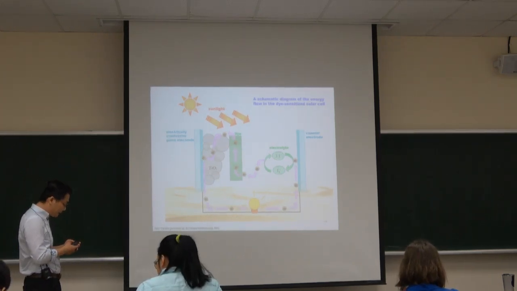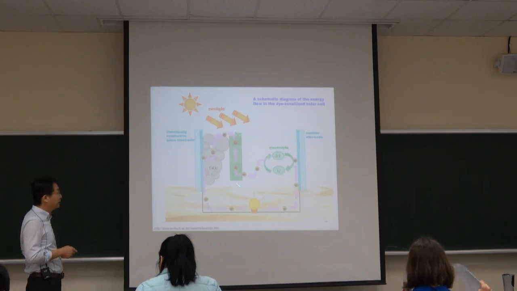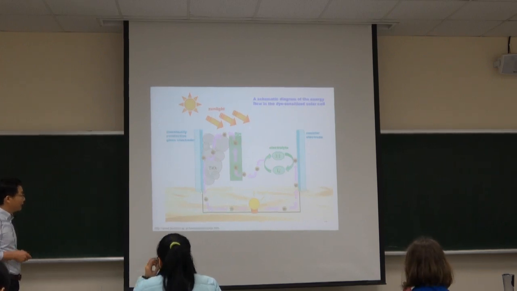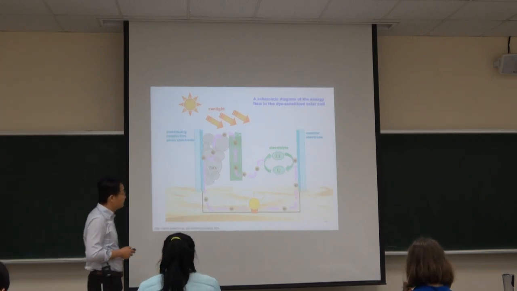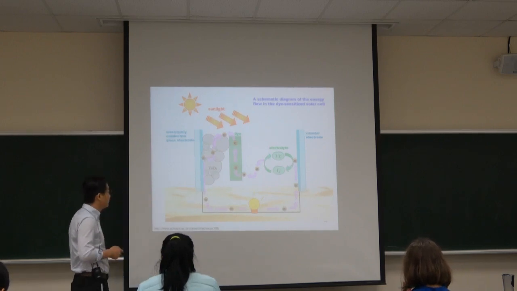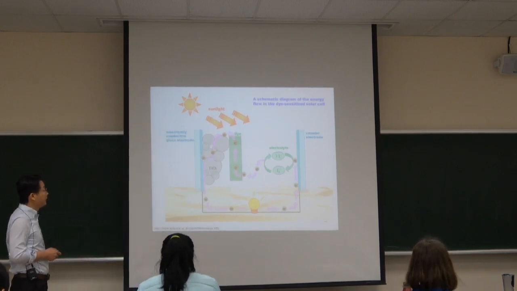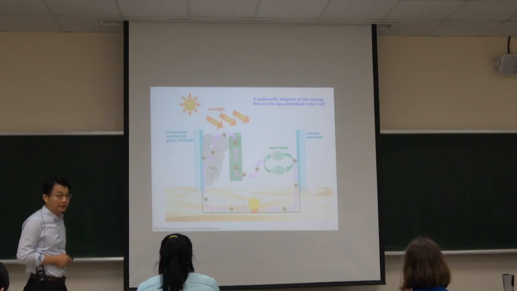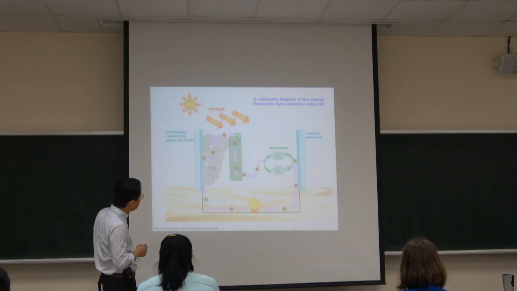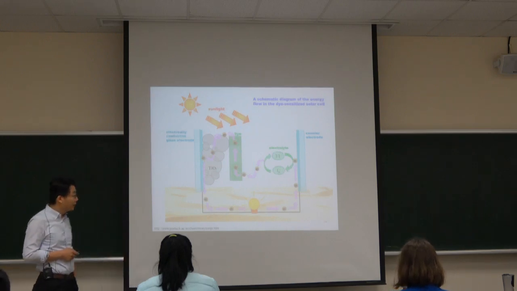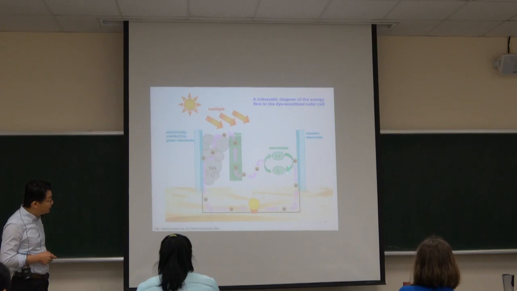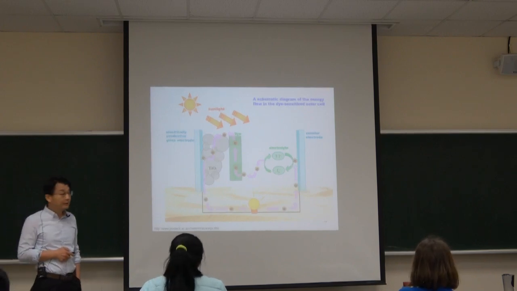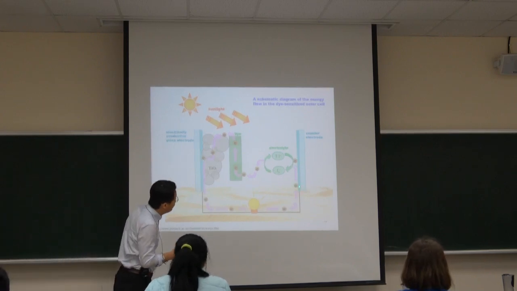So I will give a brief recall regarding the most important components. The first component is the dye molecule, and then the titanium dioxide, and then the electrolytes, and the PT.